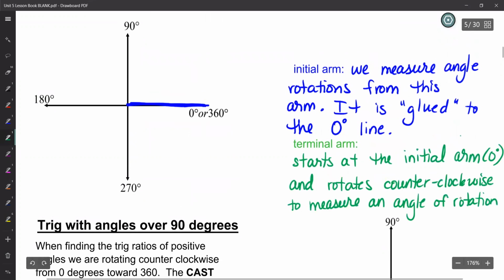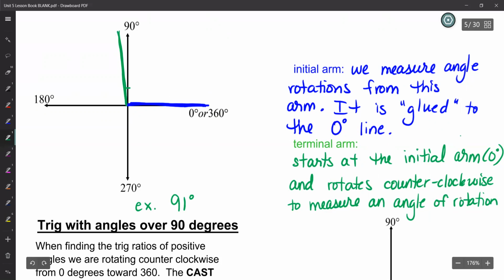Okay, so for instance, Oliver, can you give me an angle measurement greater than 90? Okay. So if I want to measure, for example, 91 degrees, I will start my arm at 0, and I'm going to measure just past 90 degrees. So it'll probably be like right here, for instance.